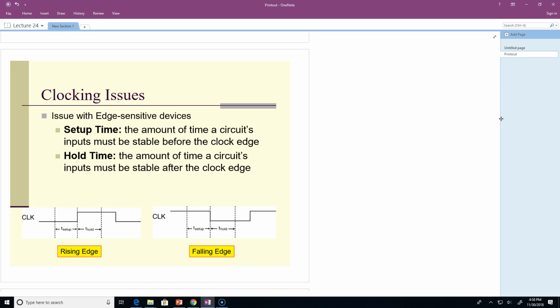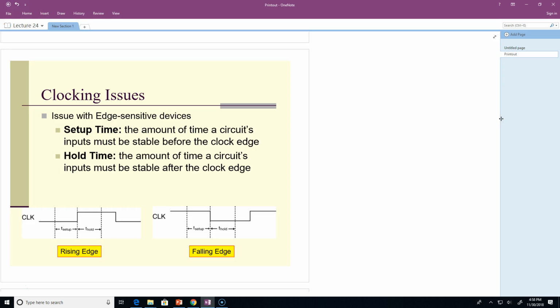As you increase that system clock frequency, at some point your circuit's going to quit working properly. Generally what happens is that it's going to violate a setup or hold time.